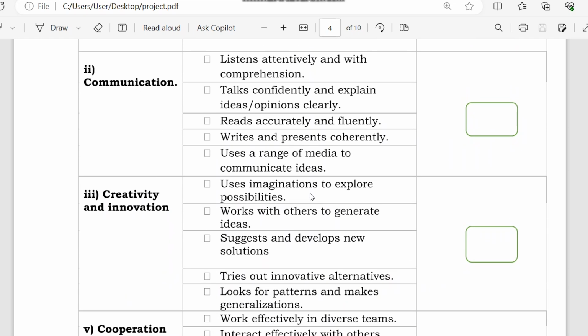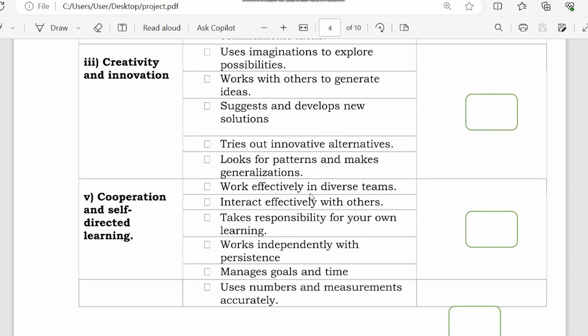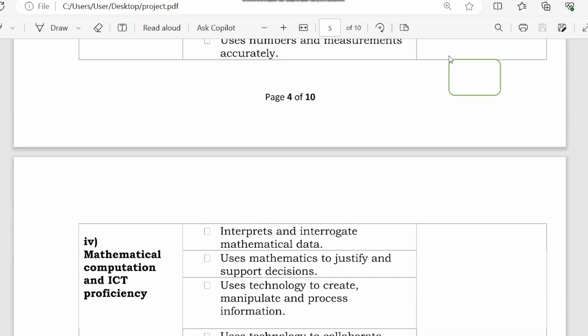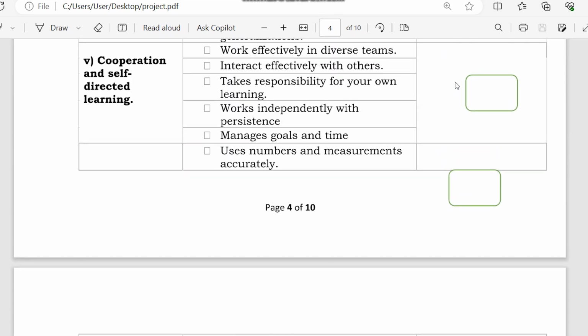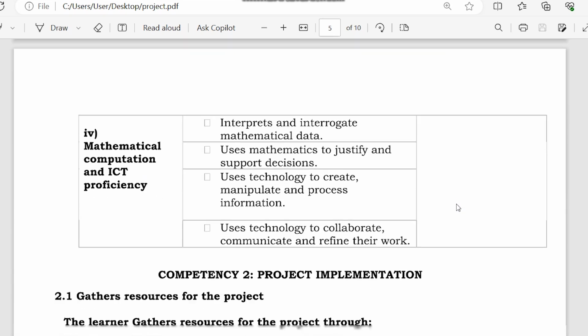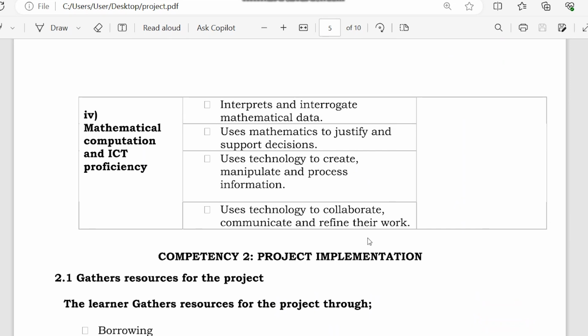So this one you just follow basing on the presentation of the learner and what you have seen the learner do, then you tick it and record the number you have ticked here in the boxes accordingly, and then finally total it here.